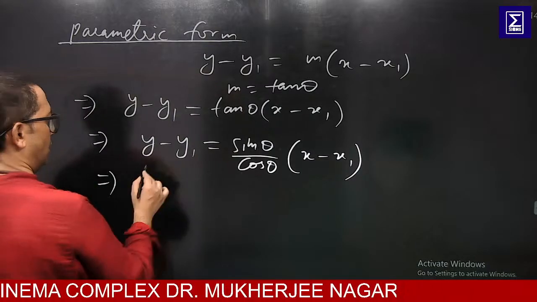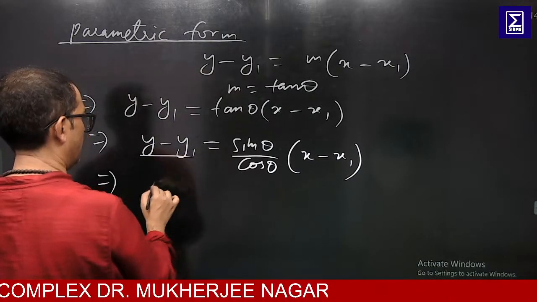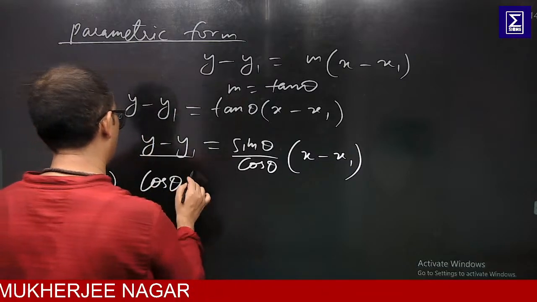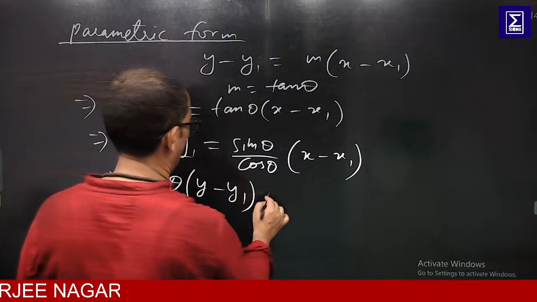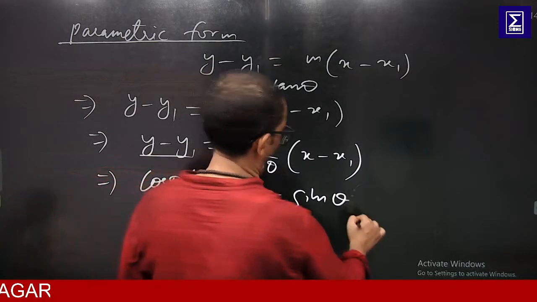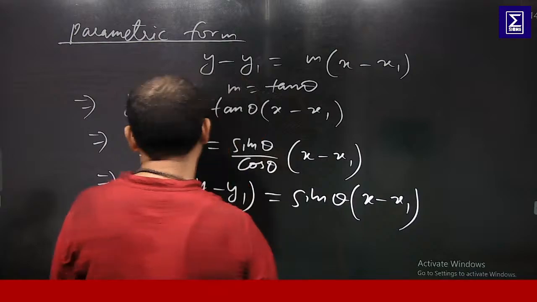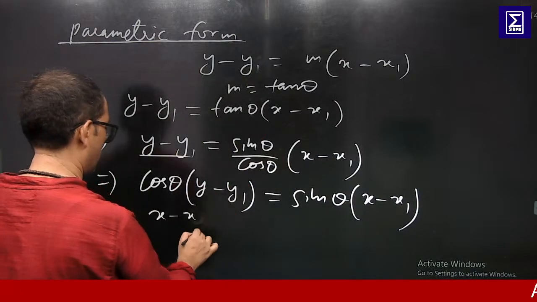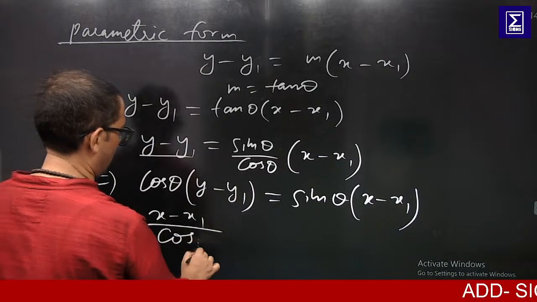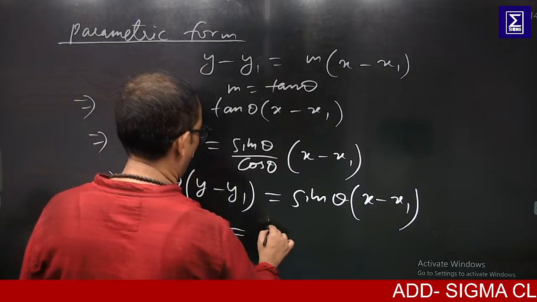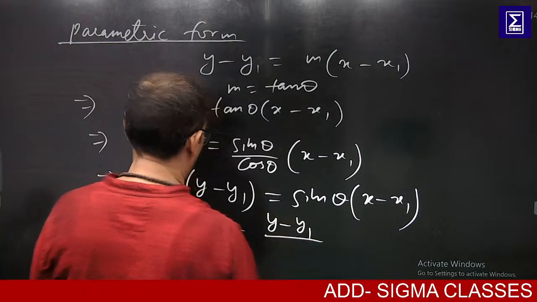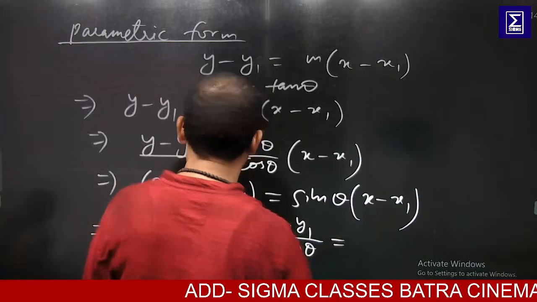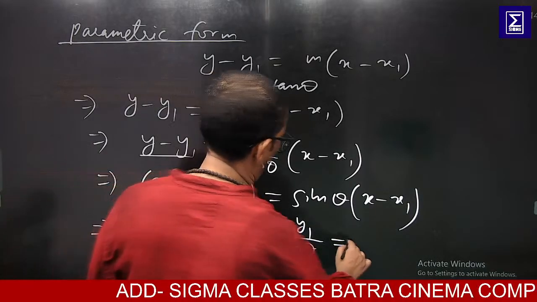So if you cross multiply here, cos theta times y minus y1 is equal to sin theta times x minus x1. So x minus x1 upon cos theta is equal to y minus y1 upon sin theta, and that is, let's say, r.